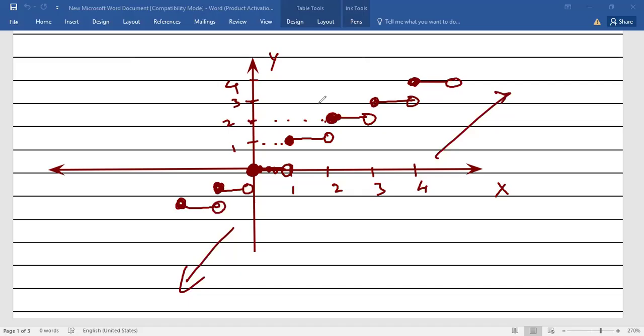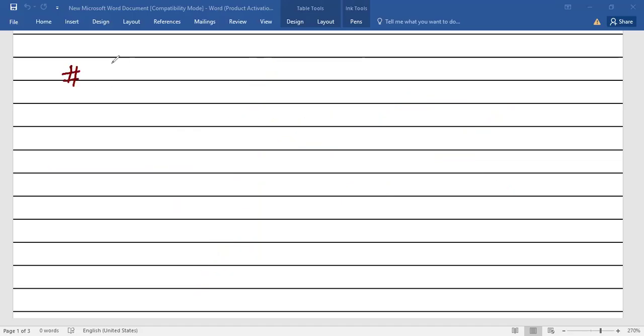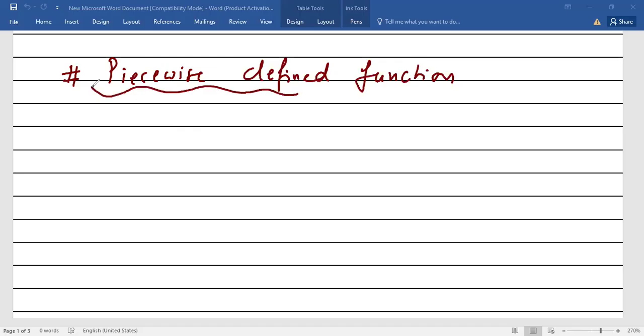Okay. Now, this is the step function. Now, one last parent function is left, that is the piecewise defined function. We have already covered exponential and log functions previously, so we are not going to cover those here. Basically, there is no such specific example; it is a type of function.